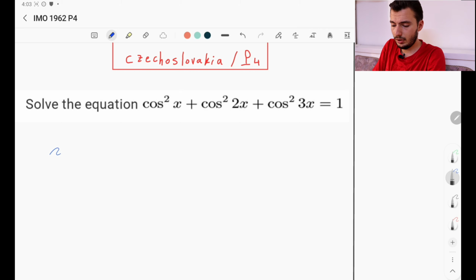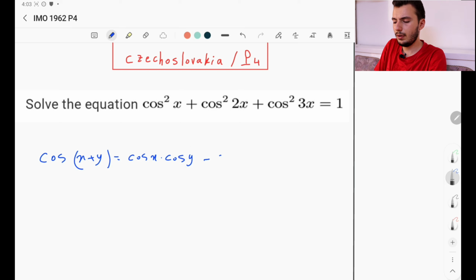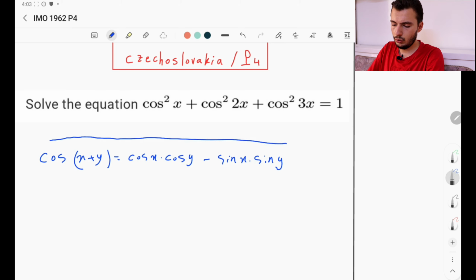So basically cosine of x plus y is equal to cosine of x times cosine of y minus sine of x times sine of y. This is a very important formula. You need to memorize this one.